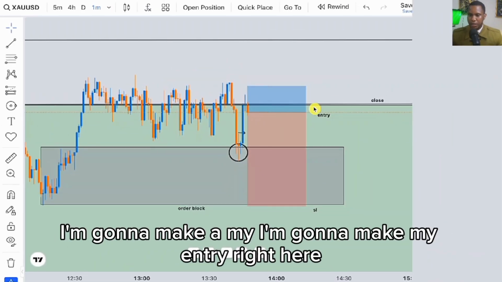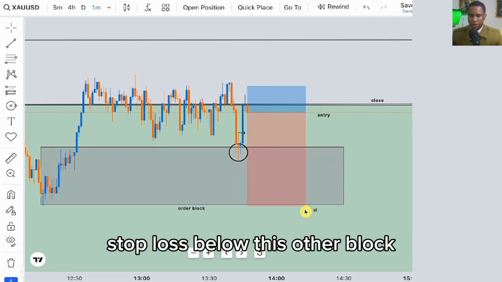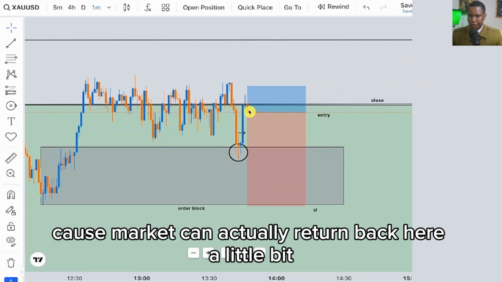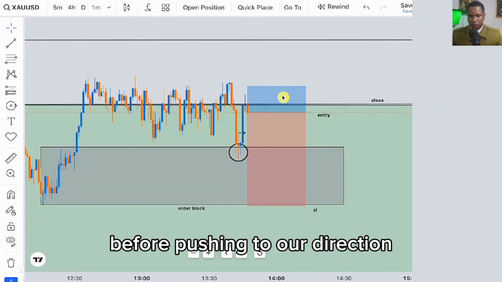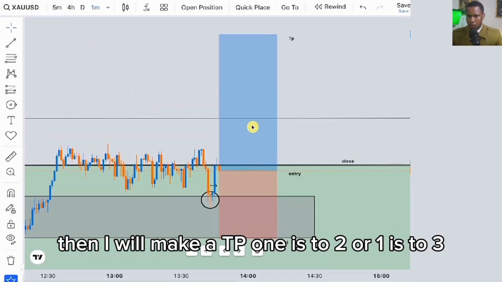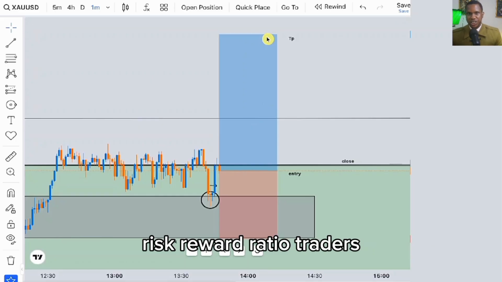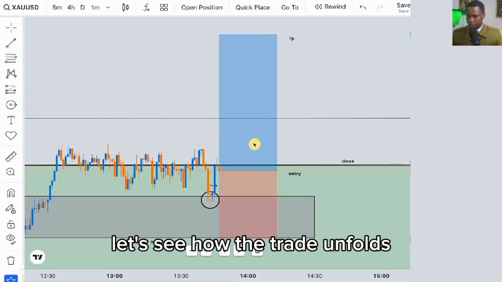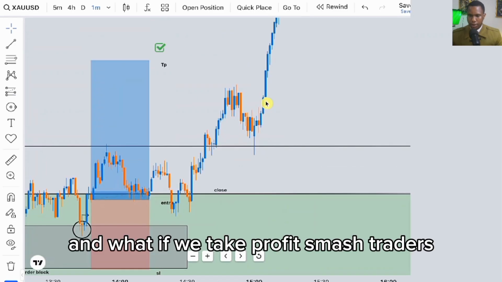I'm gonna make my entry right here, stop loss below this other block, because markets can actually return back here a little bit before pushing to our direction. Then I will make a TP 1:2 or 1:3 ratio traders. Let's see how the trade unfolds. Okay, and what, a full take profit smash traders.